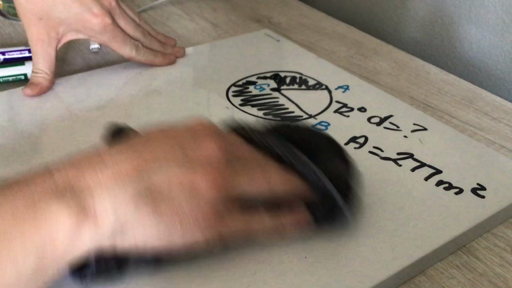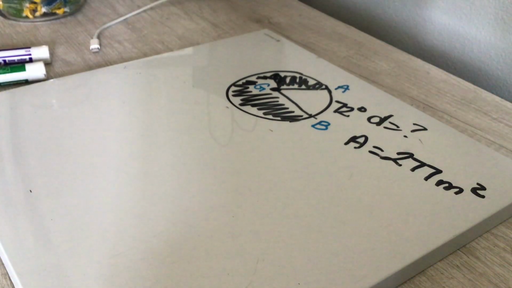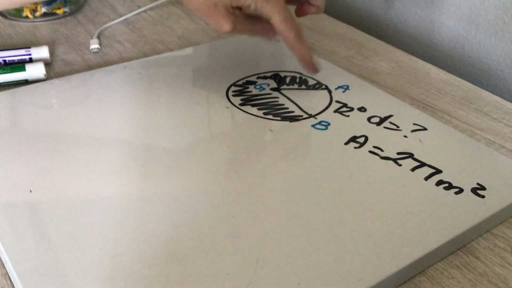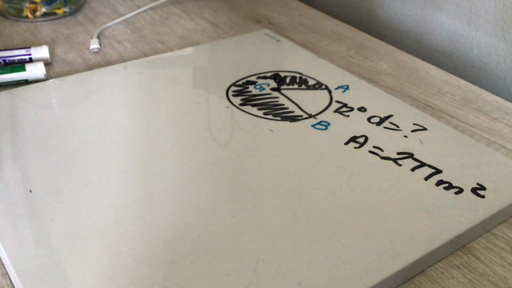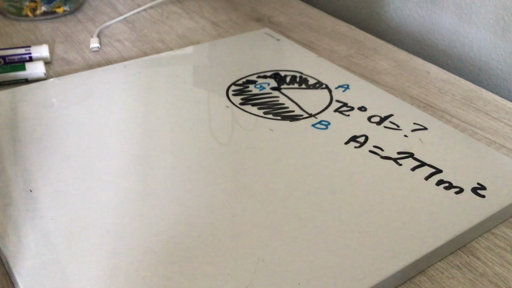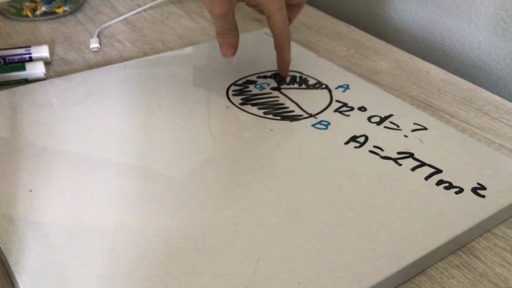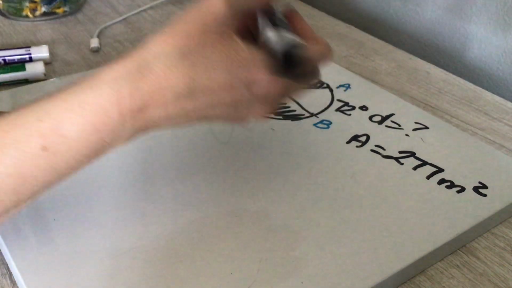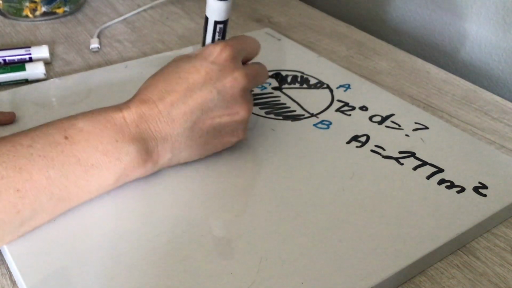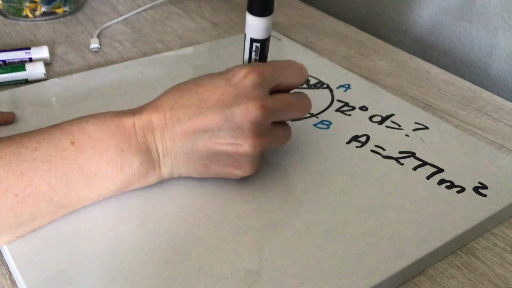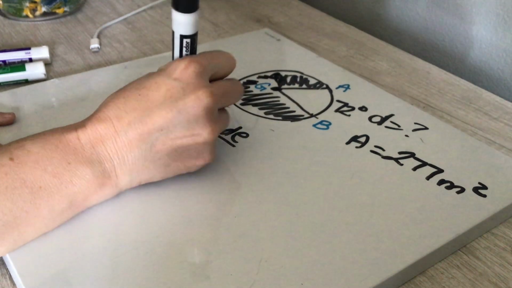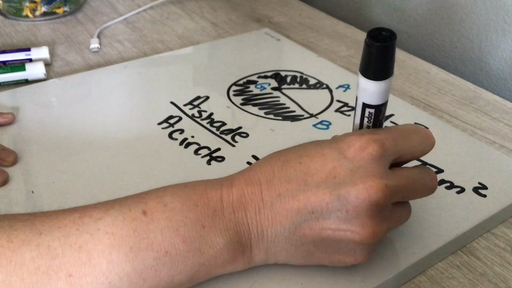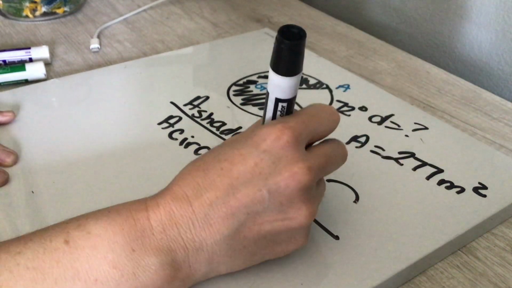So we're going to use the sector to get it by itself. We have two pieces of the circle here, the shaded versus the unshaded. So the shaded part is also a sector. So we're going to say the area of the shaded over the area of the circle is equal to the measure of the arc divided by 360.